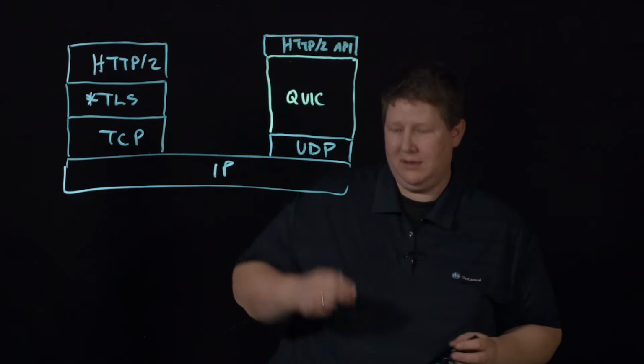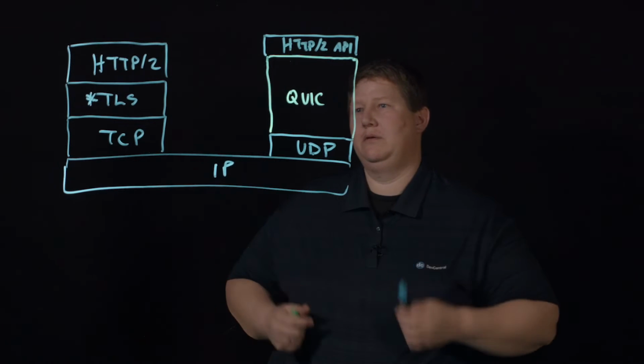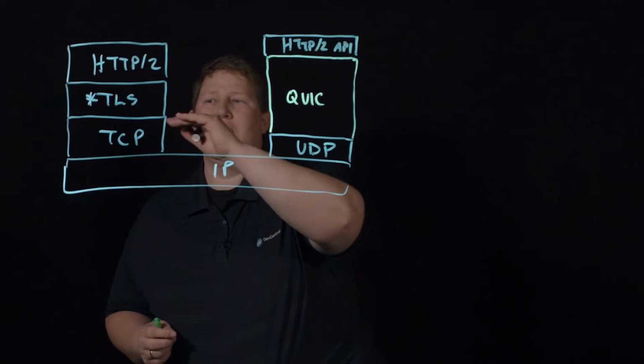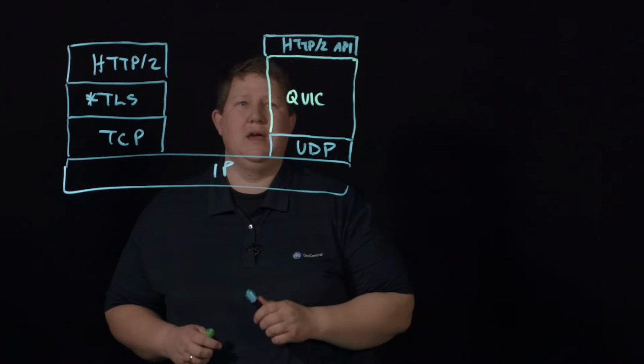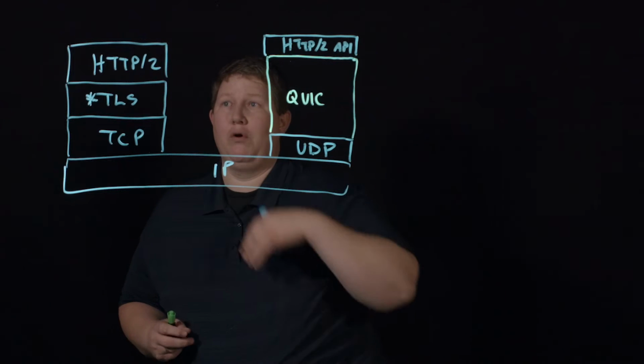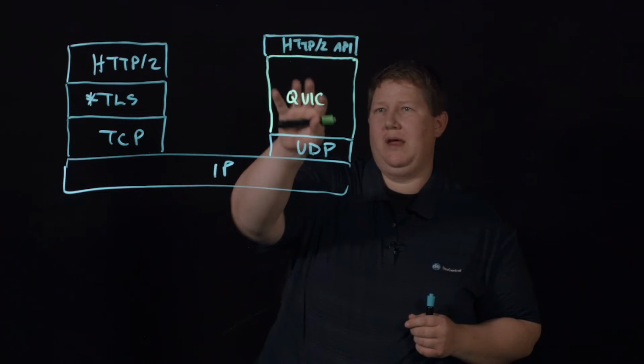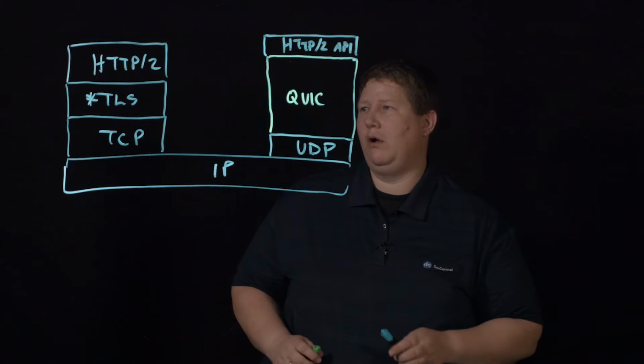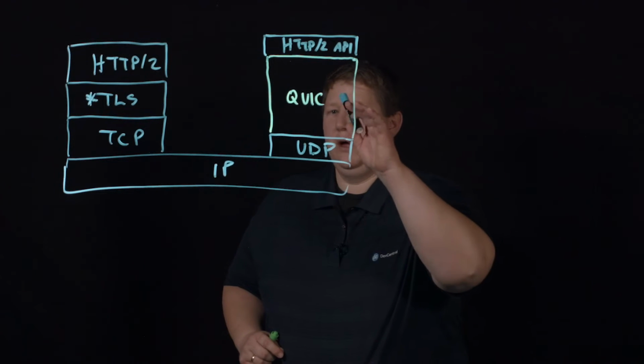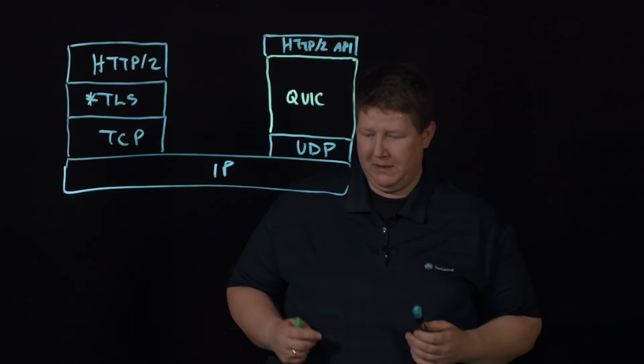QUIC steals all the good things from TCP, TLS, and the control aspects of HTTP2 and the streaming aspects, and it becomes its own protocol. And so this rides on top of UDP.